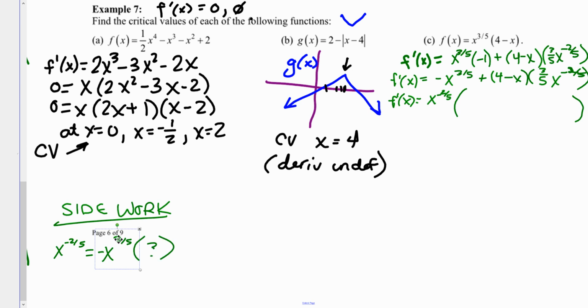What would I have to multiply that by to get negative 2/5? And remember, when you're multiplying exponents, you add the exponents here.